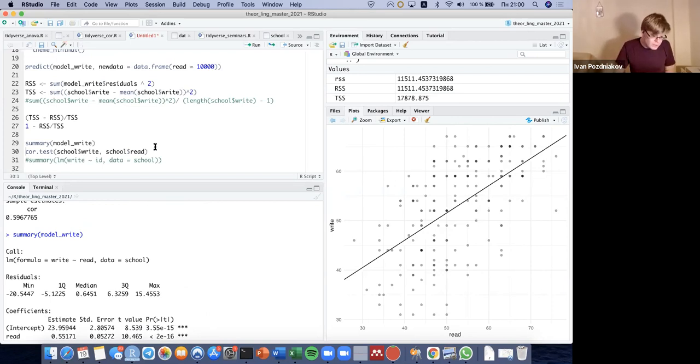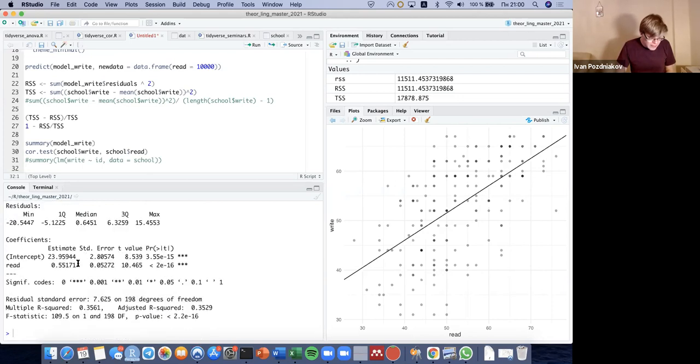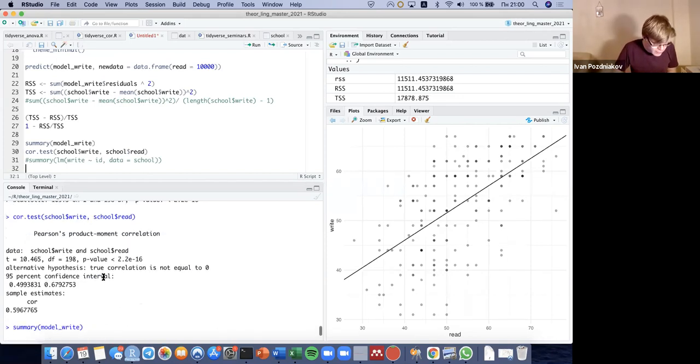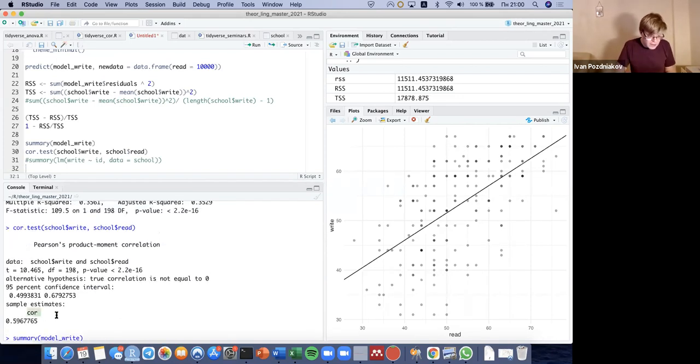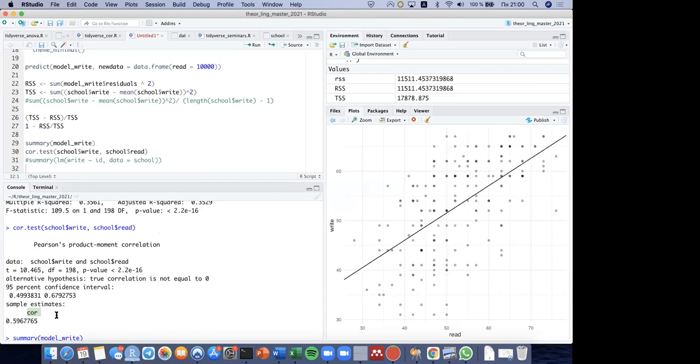And even more, how do you think R squared is related to the correlation coefficient r, or cor in correlation? Do you have any ideas? Maybe just some crazy ideas why R squared is R squared. The square root.